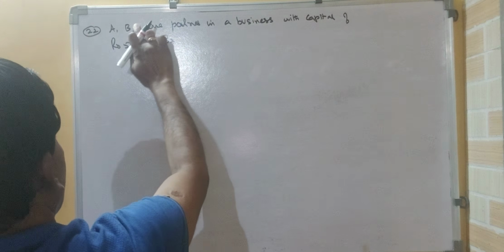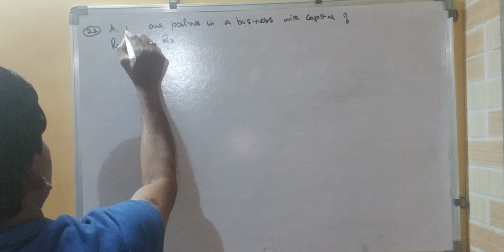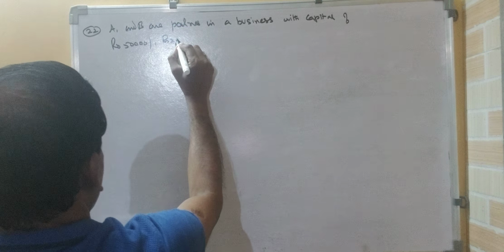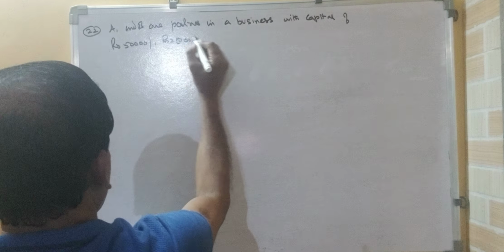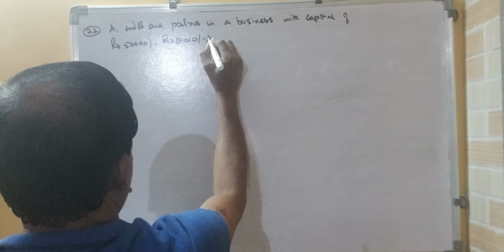Sorry, there are two only, A and B, and 20,000 respectively.